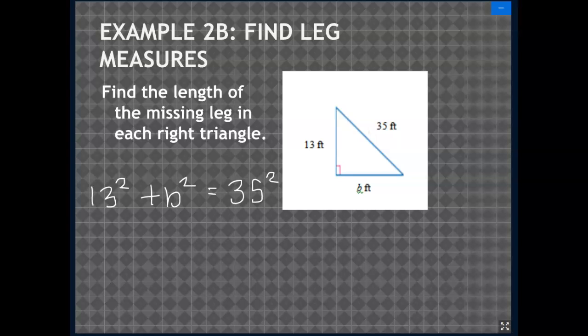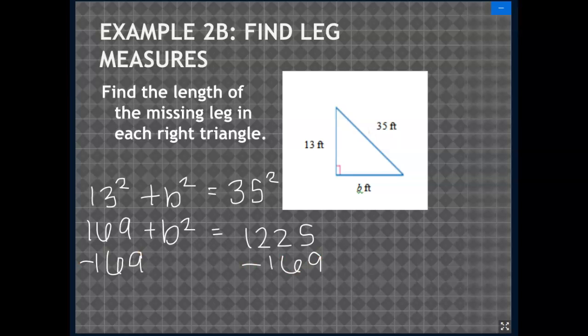And then what you are going to do is square both numbers. So 13 squared is 169 plus b squared, and 35 squared is 1225. Subtract from both sides, and you get 1056.